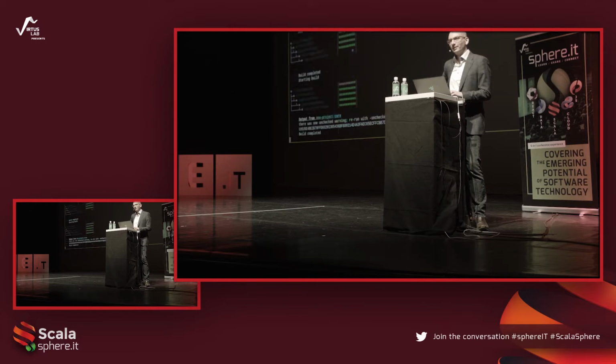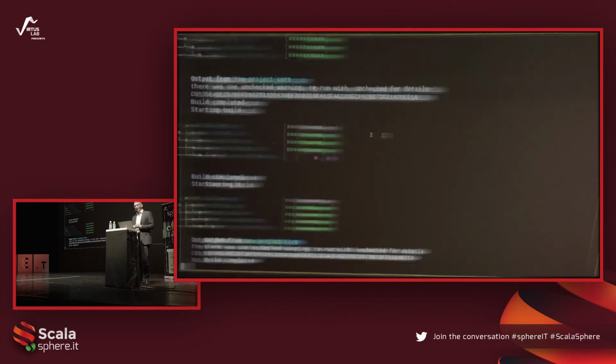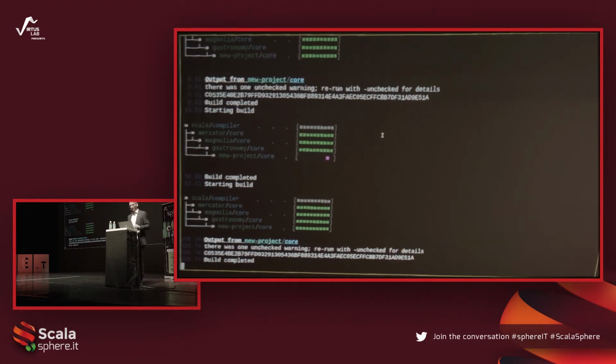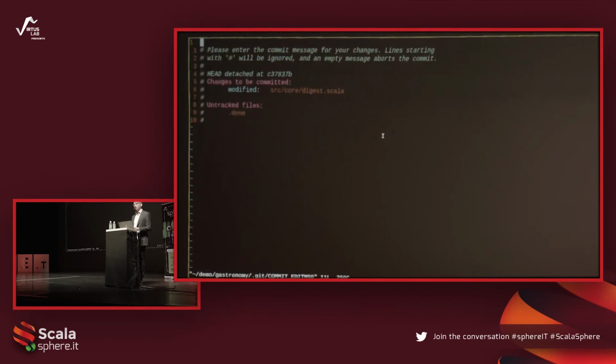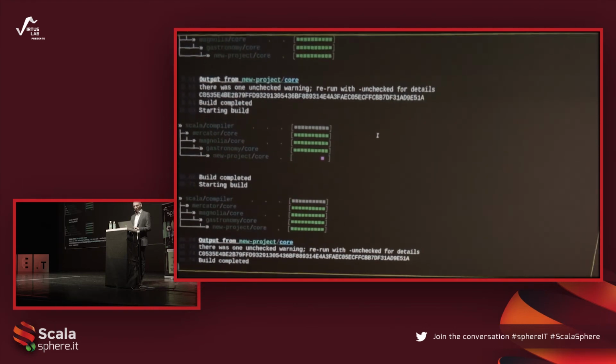And this time we should find that it works successfully. So I've modified both my project and the dependency, and that was really very easy. If I want, I can go back to gastronomy here and commit that change if I wanted to.